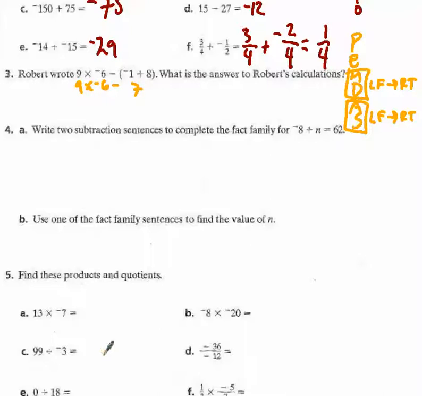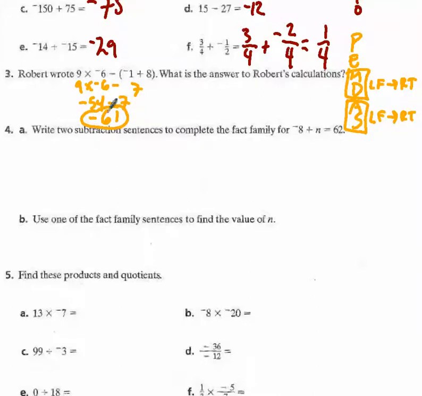Well, I don't have any exponents, so I go on to multiplication. I have to do the multiplication next. 9 times negative 6 is negative 54, minus the 7, because I rewrite what I haven't used. And so then negative 54 minus 7 is going to be a grand total of negative 61.